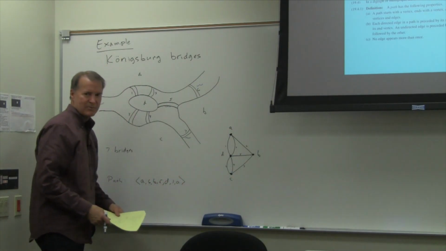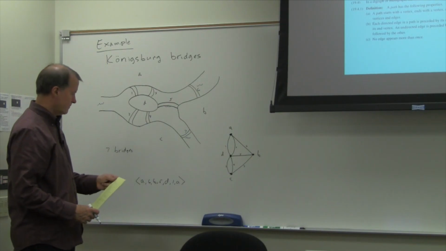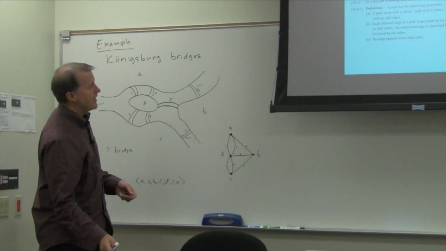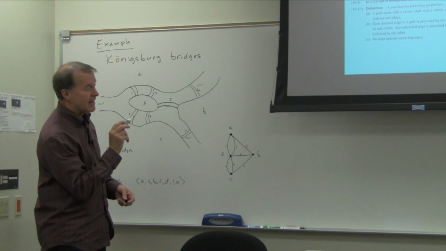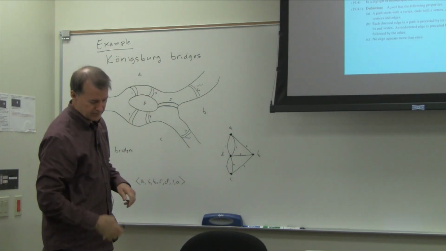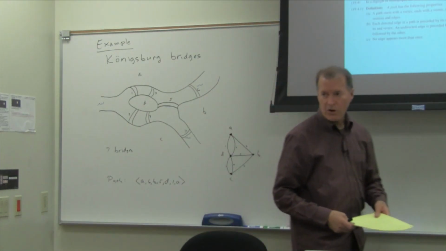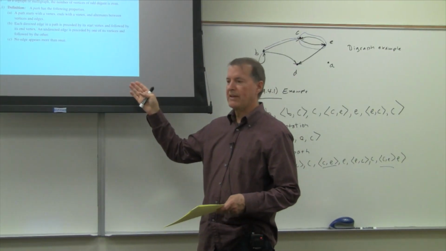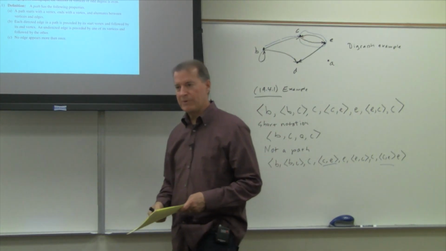Just as an example. Are you with me? Does a path have to end backwards? No, it doesn't. Can you use the same edge twice? It can't, according to the definition of a path. The only thing that can't be repeated is an edge. But vertices can be repeated.